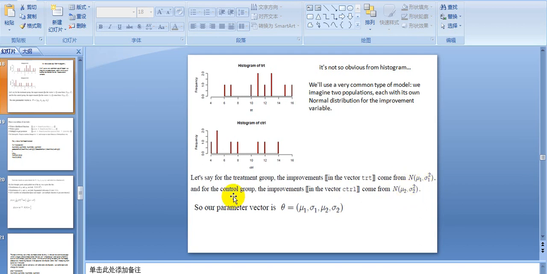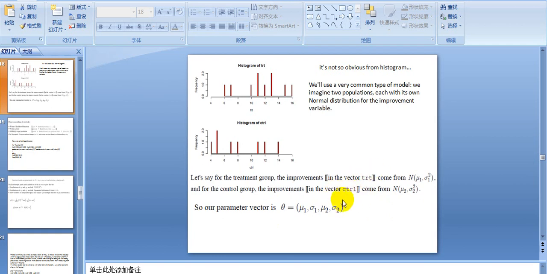So clearly in our model, our parameter is theta, which contains 4 unknown parameters: mu1, sigma1, mu2, sigma2. Those are the parameters, and what are the data? These are the data: the vector trt and the vector control.